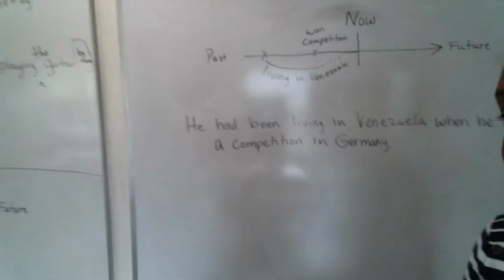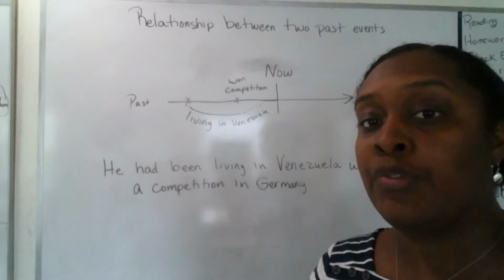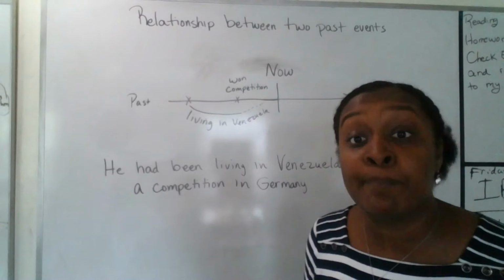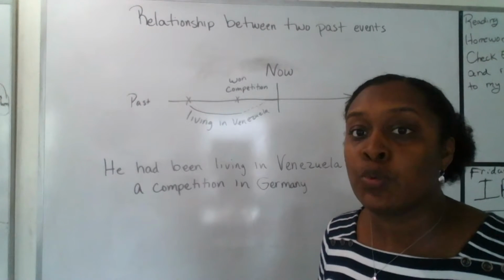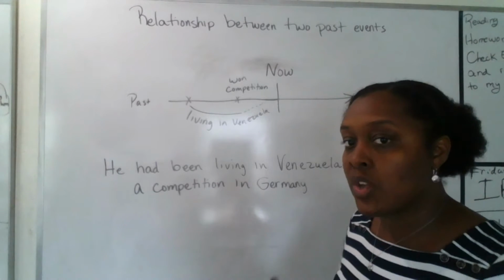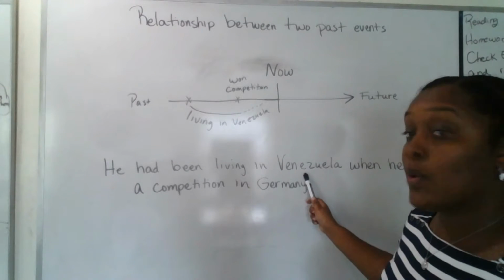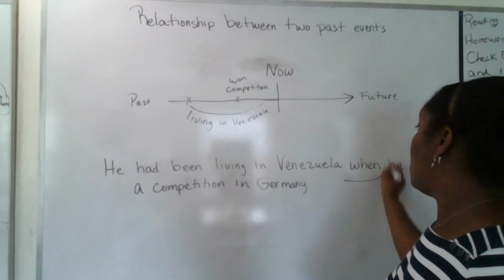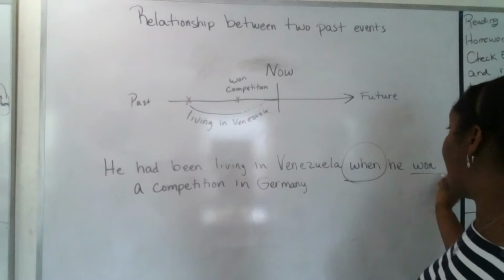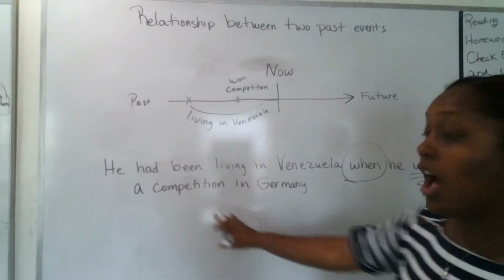One more thing. There's one other way that we use the past perfect progressive and past perfect, and we use it with the simple past. This is the relationship between two past events. Let me show you this sentence here. He had been living in Venezuela when he won a competition in Germany.